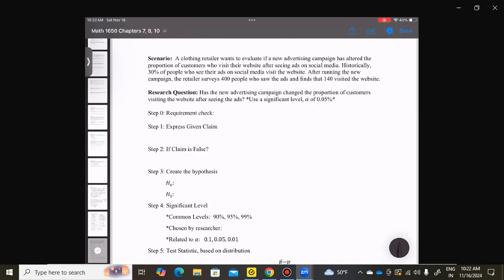Alright, so we'll have 8 steps. The first step, I call it step 0. It's just a requirement check. For proportions, we have to make sure that we are looking at a binomial distribution. Right. Now we're looking at fixed, independent trials.